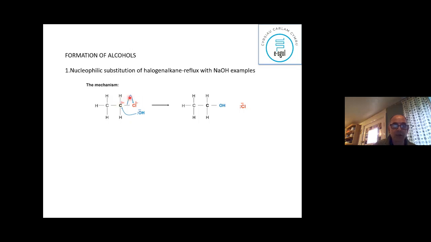It's important that when you do your mechanisms that you include the delta plus and the delta minuses. The OH minus lone pair on the oxygen forms a bond with the carbon. The pair of electrons between the carbon and the chlorine join the chlorine atom, and you get your nucleophilic substitution, and you form ethanol and the chloride ion.